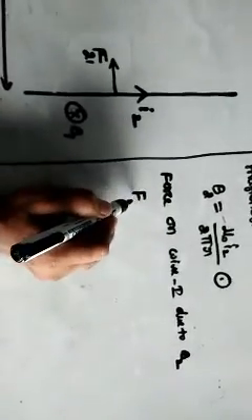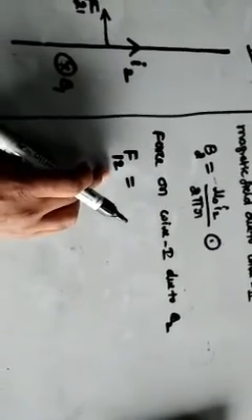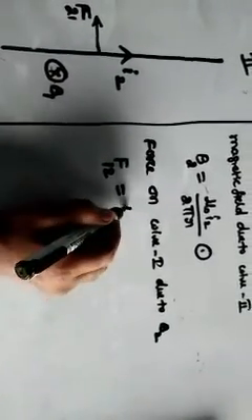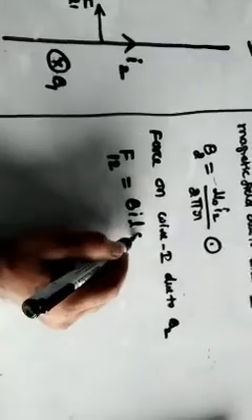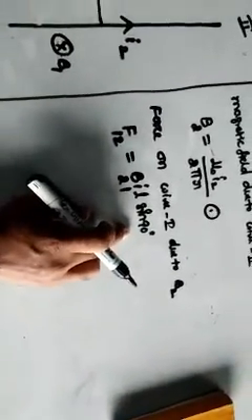I am writing F12, force on wire 1 because of the magnetic field given by wire 2. F12 is equal to B I L sin θ, but here B means B2, the current is I1, and both wires have length L. Theta is equal to 90 degrees.